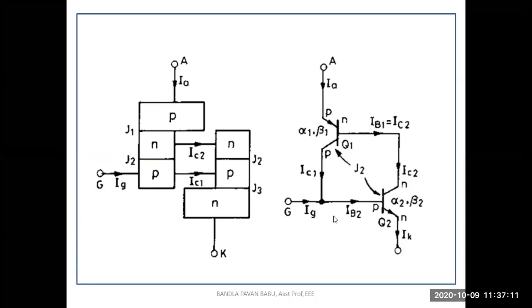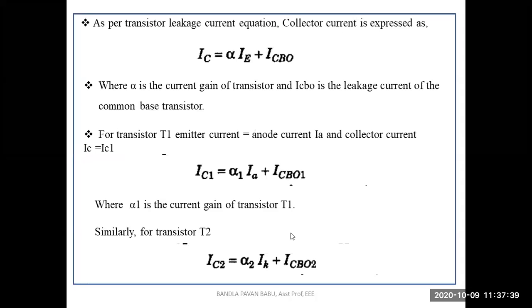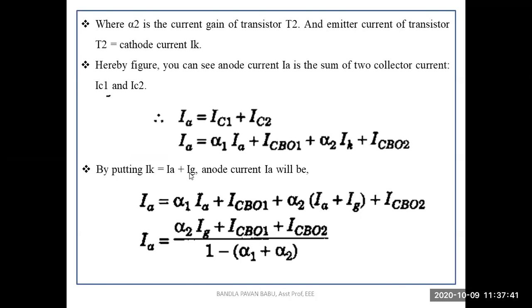I hope you know the reason why we prefer the gate triggering method; that is discussed in the turn-on methods of SCR. When we apply the minimum gate current, that is one input for the transistor, and the other input current is the anode current. These two combined, IA plus IG, give IK.